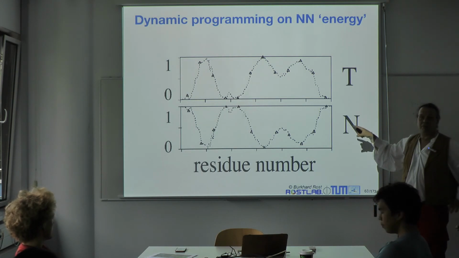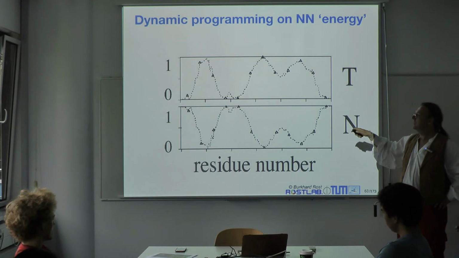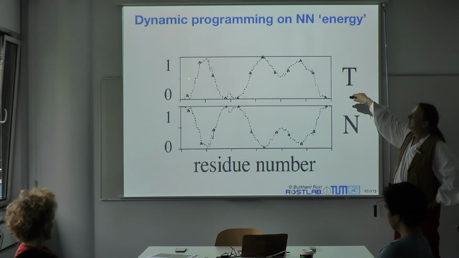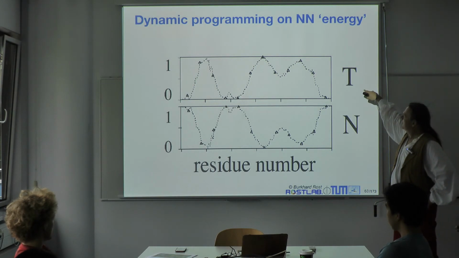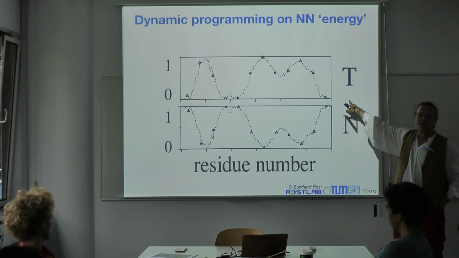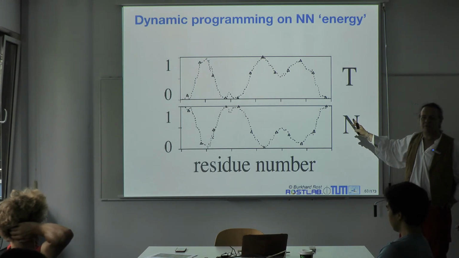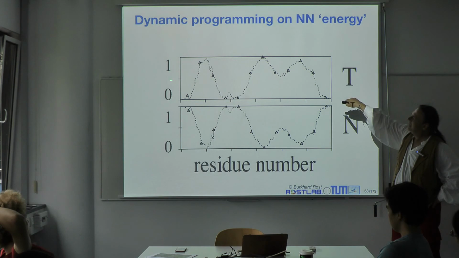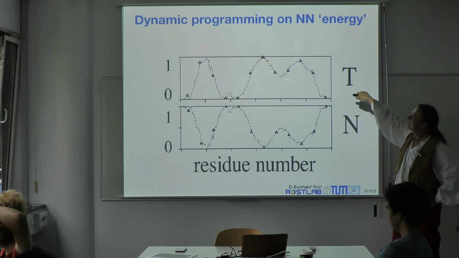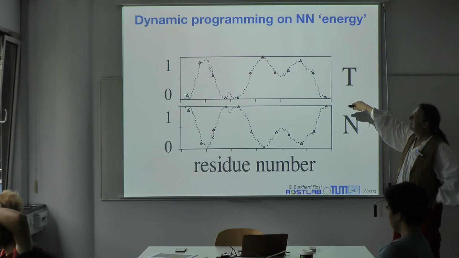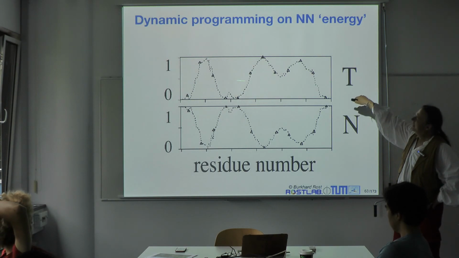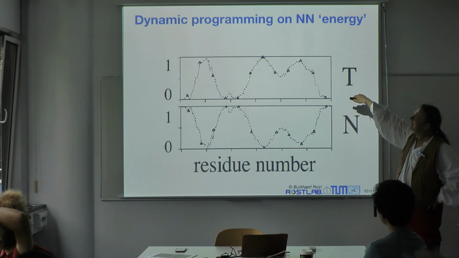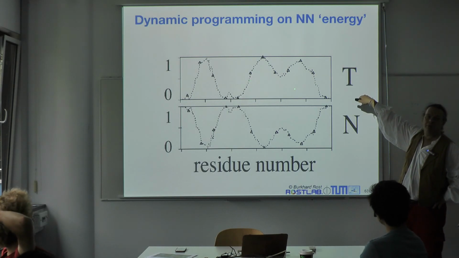I still, just like before, have to find a threshold. The threshold could be this, or 0.5. Or the threshold could be whenever, for transmembrane and not, the T is higher than the N. So there are different ways of playing this. If this is higher than 0.5, then T is higher than N, since they are inverse images of each other, the way they are drawn. And you immediately see that this is actually too long for a membrane helix.